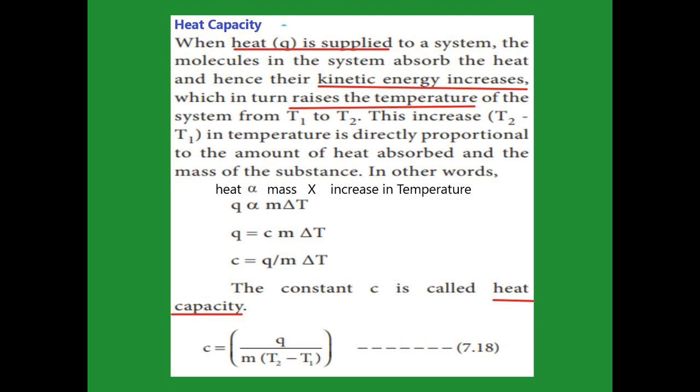That proportionality is changed to an equality with a proportionality constant C. That C value is called heat capacity. So we get heat capacity C equal to Q by M into T2 minus T1. What is Q here? Q is the heat, M is the mass, and T2 minus T1 is the temperature change, delta T. So C is the heat capacity here.